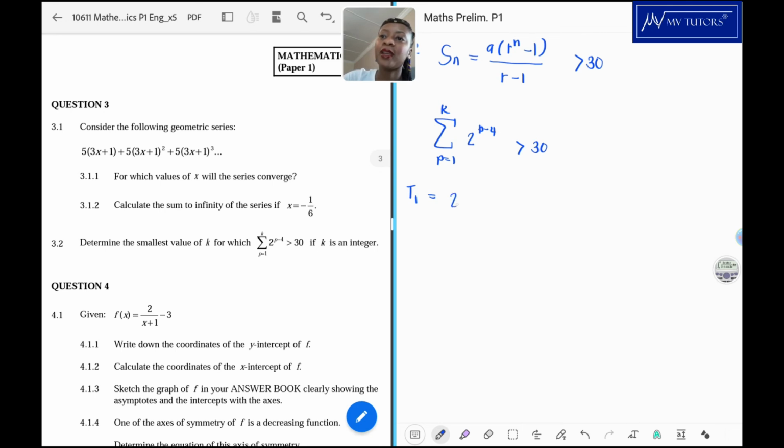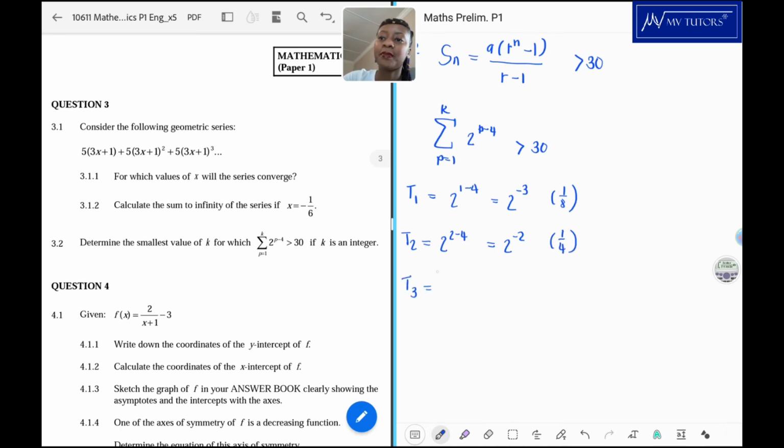And we have our formula there. Instead of putting p, we're going to put 1 minus 4. So that's going to be 2 to the power minus 3, the same as saying 1 over 8. And then we get our second term. We're going to substitute 2 in the place of p, which is then 2 to the power minus 2. That's the same as a quarter.